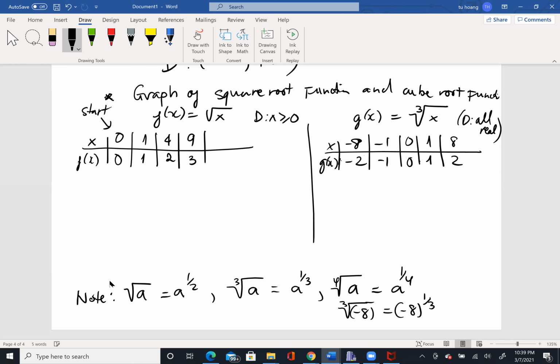Okay, so let's graph it. I have 0, 0, then 1, 1, then 2, 1.